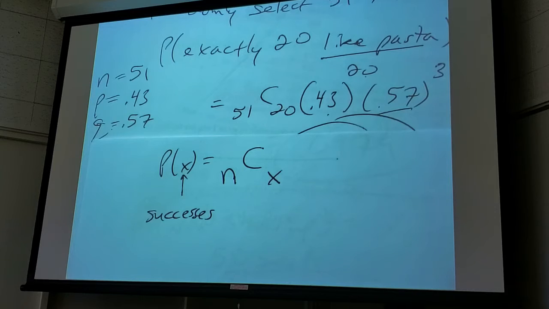If I have 51 people, how many of them could be a success? From 0 up to 51. People always forget about 0. They could all be horrible failures, or they could all be successes.